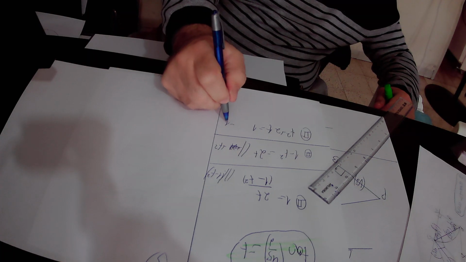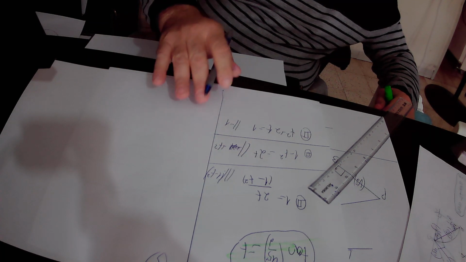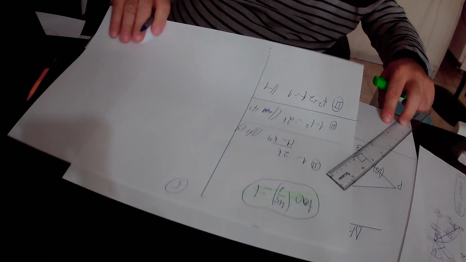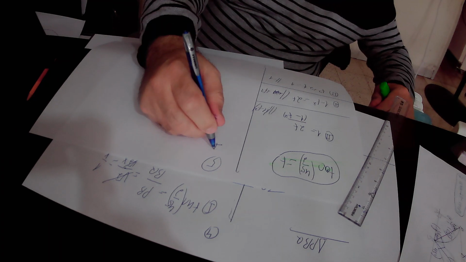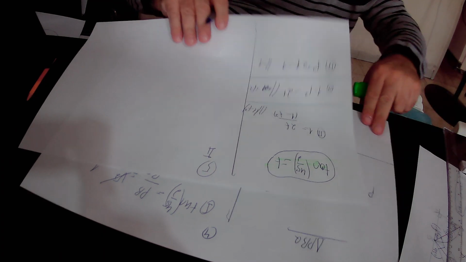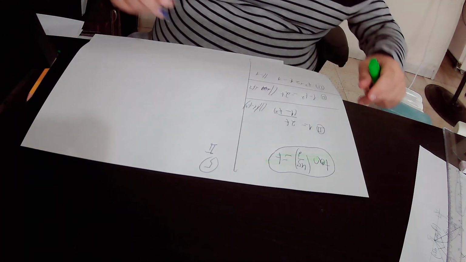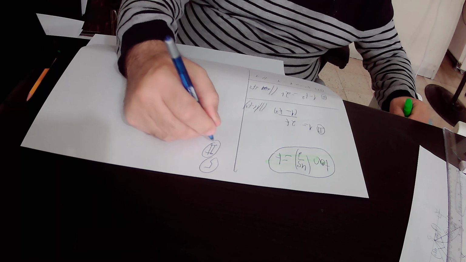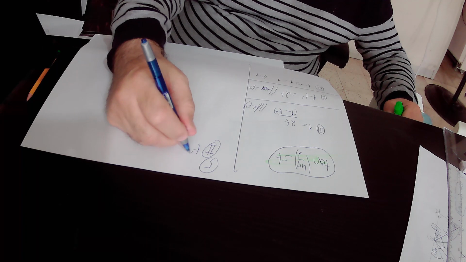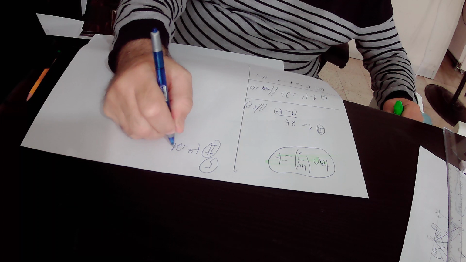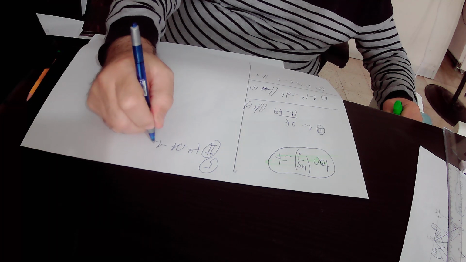Here we subtract 1 from equation number 2, and we get that according to equation number 2, t squared plus 2t minus 1 equals 0.